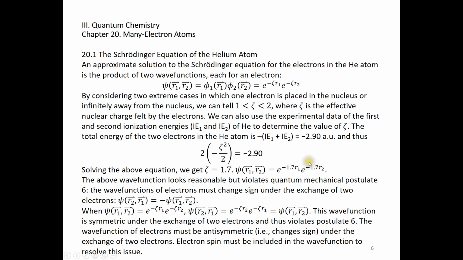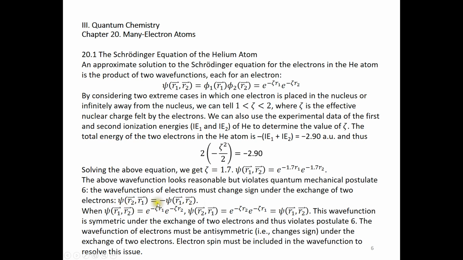However, this wave function violates quantum mechanical postulate 6. In postulate 6, the wave function of electrons must change sign under the exchange of two electrons. So if you exchange any two electrons, the sign of the wave function must change.